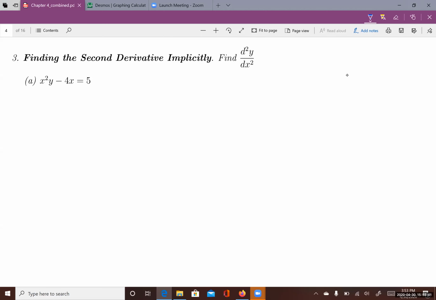First we need to find dy over dx, and then find d squared y over dx squared by finding the derivative of dy over dx. To find dy over dx, again, we differentiate with respect to x both sides.